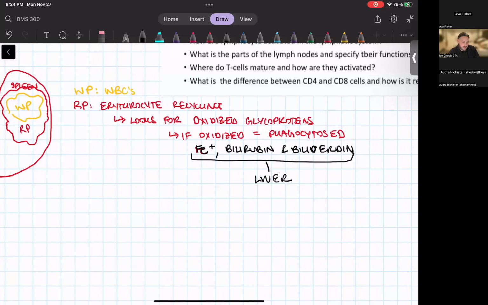They're usually eliminated through the feces, so they'll be excreted into the small intestine and then released out the bowel, while the iron is retaken up to be put back into the red bone marrow to then be put back into erythrocytes. Then we can keep recycling that iron since we don't make that nutrient on our own.